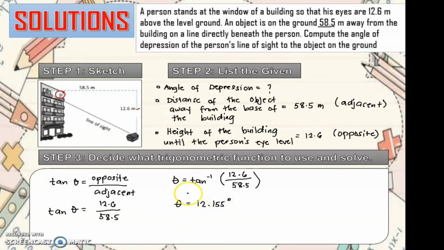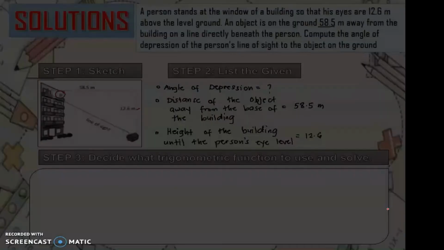Since this is an angle, it should be in the degrees form. And please don't forget to box your final answer, and you should have your conclusion. Therefore, the angle of depression is 12.155. And now let's proceed to the last example, class.